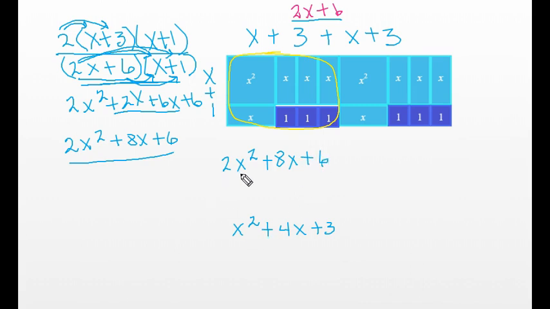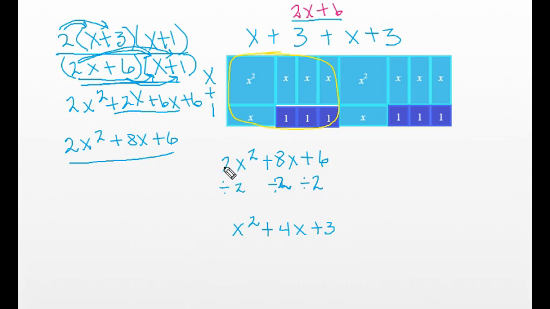And if you compare each of the terms in the final rectangle to those of the original rectangle, you should see a pattern here. You should see that if we divide each of these terms by 2, we end up with the trinomial of the original rectangle.